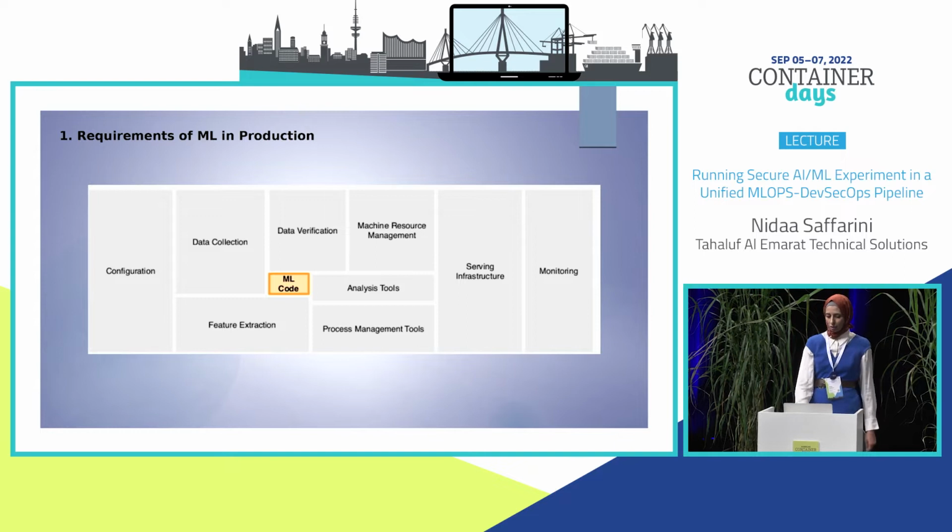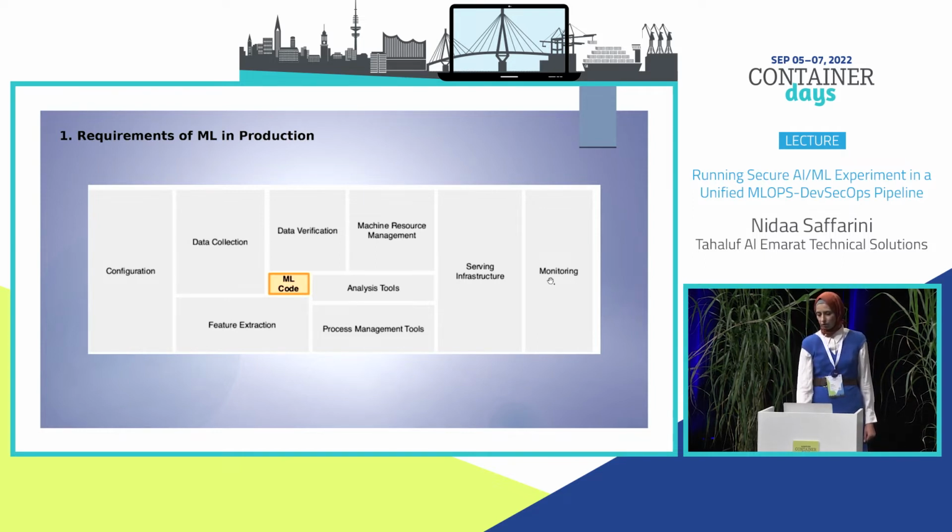If we want to talk about machine learning in production, this is mainly the requirement. If anyone here is a specialist in data science, we need to collect the data and verify it, and manage the machine learning resources which we use while training the model. And we have code, which is special for training the model, the algorithm or the hypothesis which we choose to build the AI model upon.